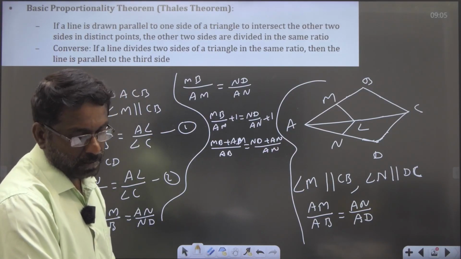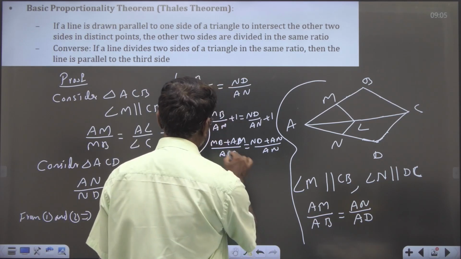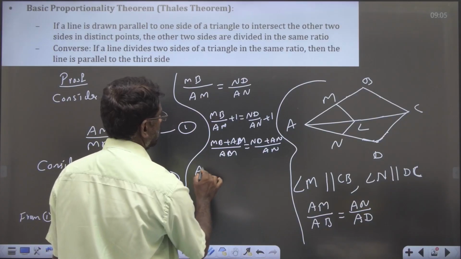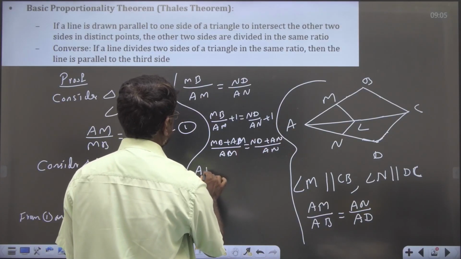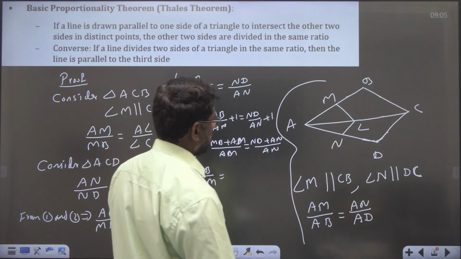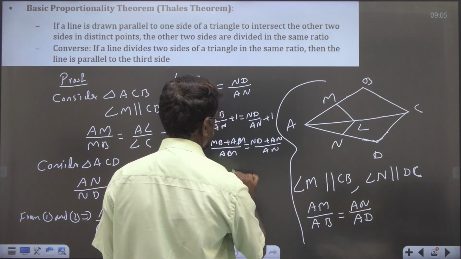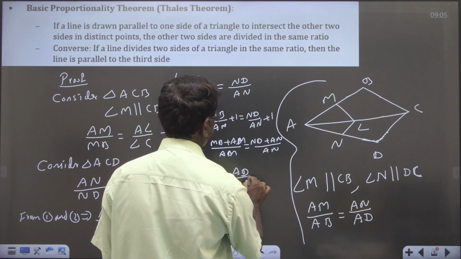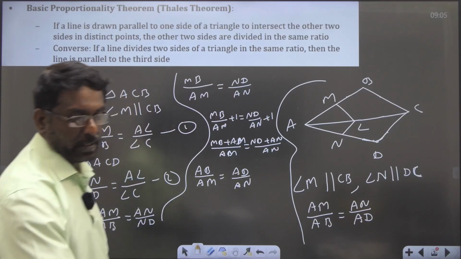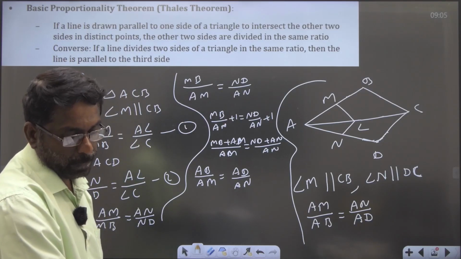So MB plus AM over AM is AB by AM. ND plus AN, that is AD, so AD by AN. AB by AM is equal to AD by AN.